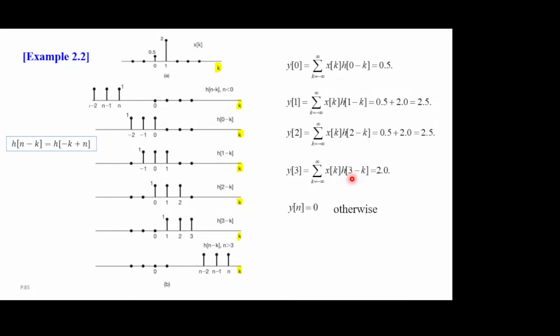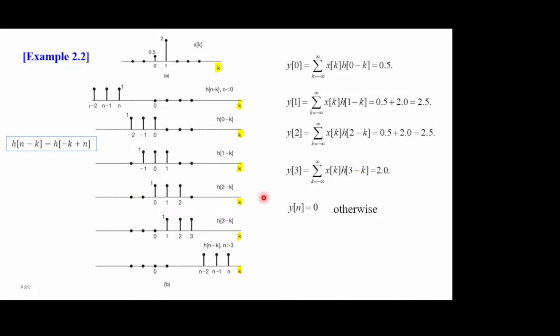And the other one, let's say you want to calculate y of 1. Then your s of k is still the same thing. And the h of 1 minus k, you have the 1 here, so your signal gets pulled to the right by 1 time step. Then you multiply this with this, and you get a 0.5 here and a 2 here. Adding that together, you get 2.5.